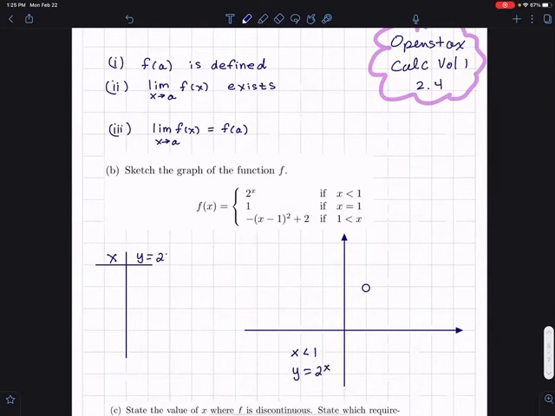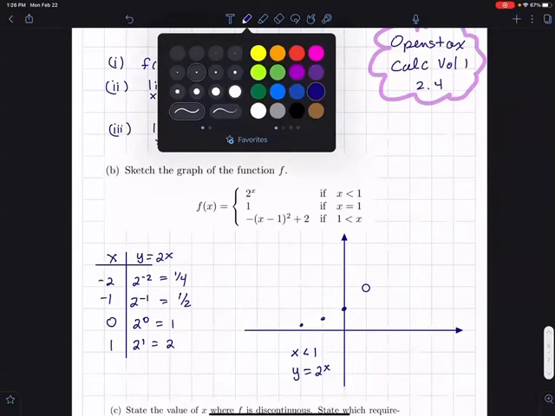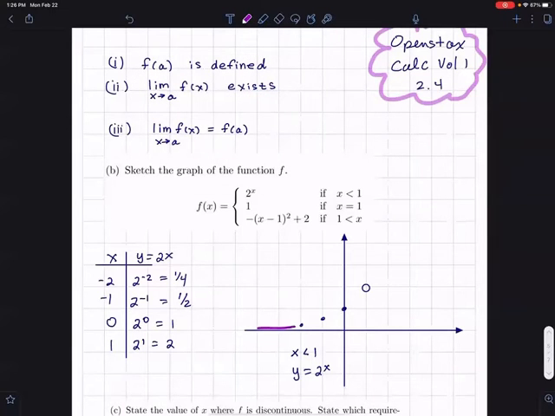A lot of times you can do these in your head. 2 to the 1 is 2, 2 to the 0 is 1, 2 to the negative 1 is a half. Let me try to get a different color. I'm stopping at 1, and I put that little open circle there. So that's that one.